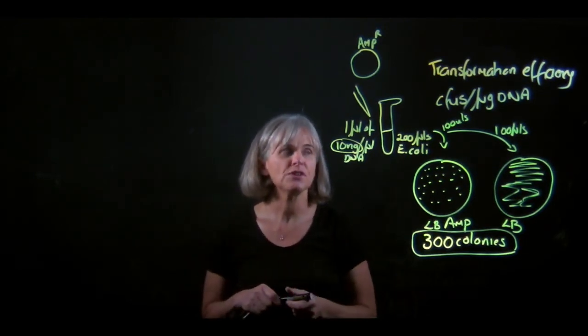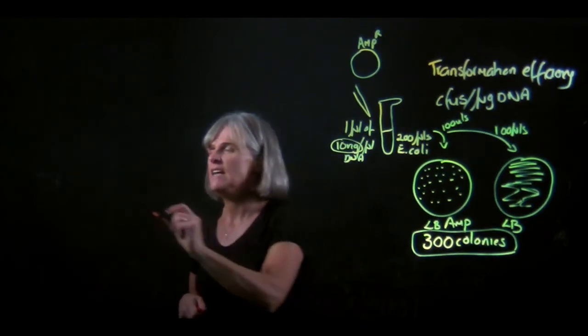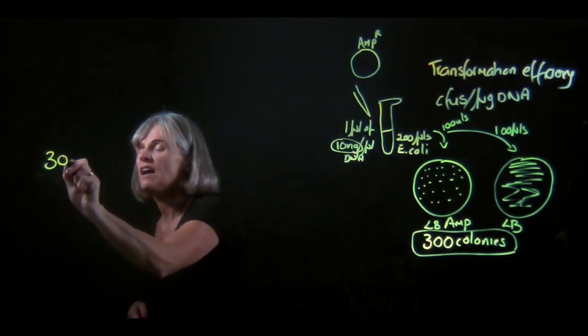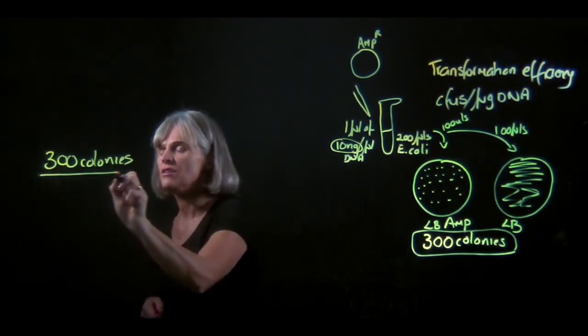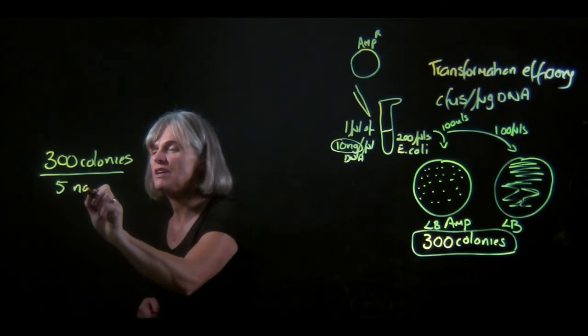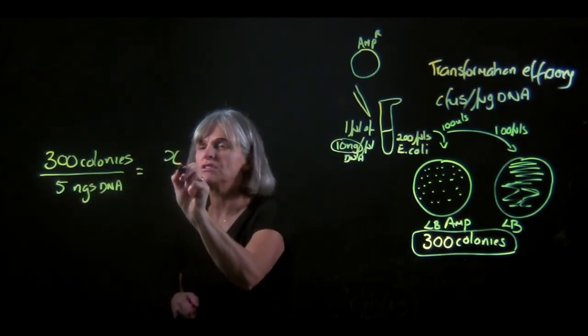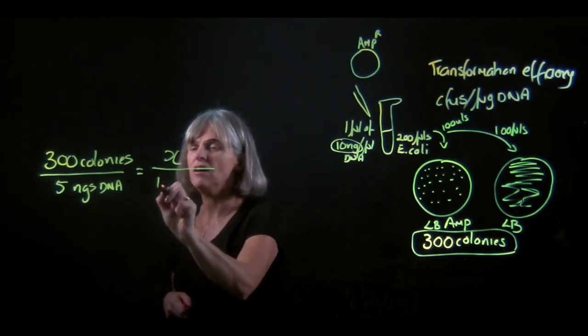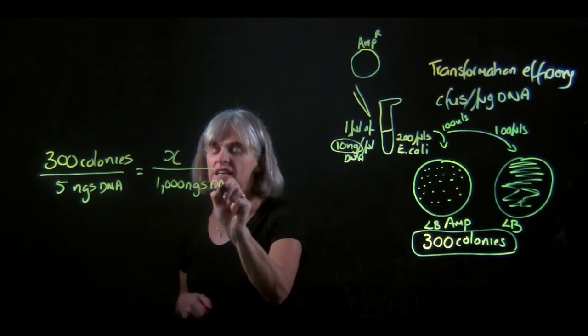So then, in order to figure out the transformation efficiency, I might proceed as follows. I would say I had 300 colonies that corresponded to 5 nanograms of DNA, and that's going to be equal to however many colonies I would get in 1,000 nanograms of DNA.